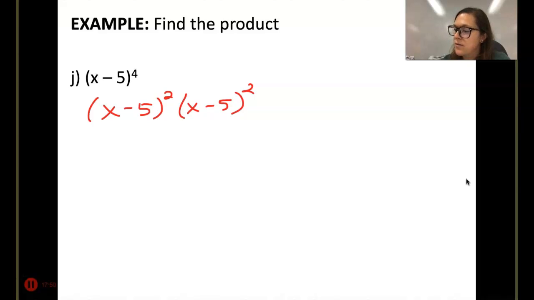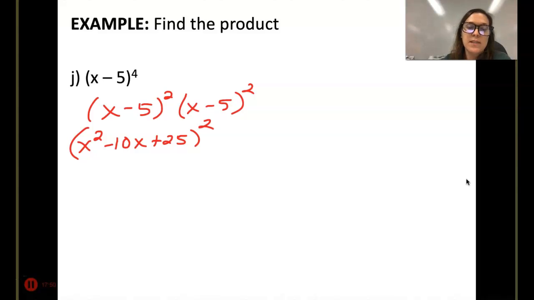Well, this goes to x squared, middle x times negative 5 is negative 5x times 2 is negative 10x, square the last, plus 25. Right? So that's just the same as this squared, because the second one will be the same thing. So now we can either try to use our rule there and multiply that through, or we can just redo it twice. So x squared minus 10x plus 25.